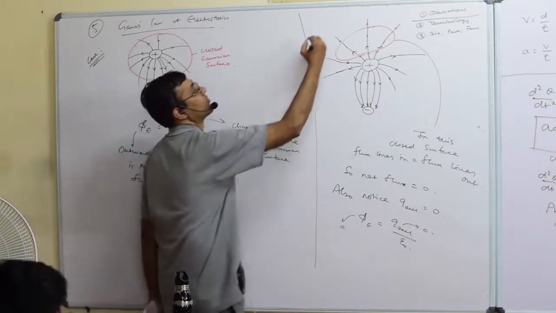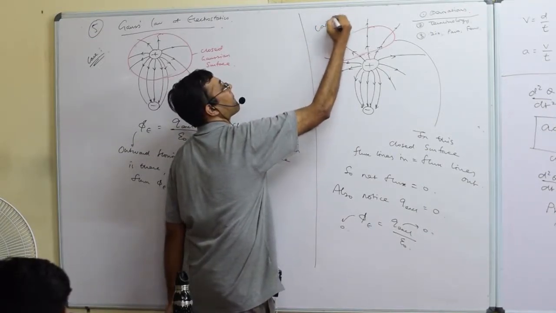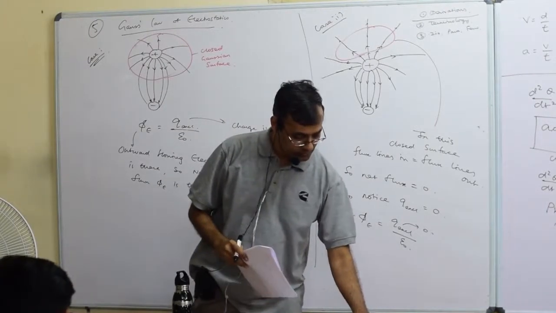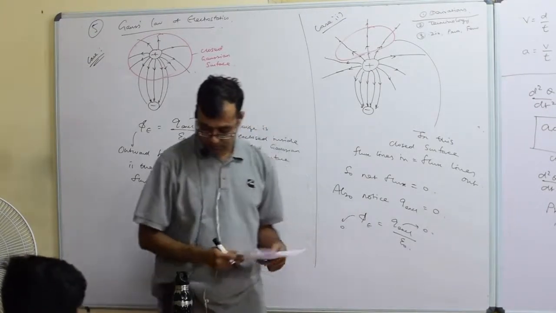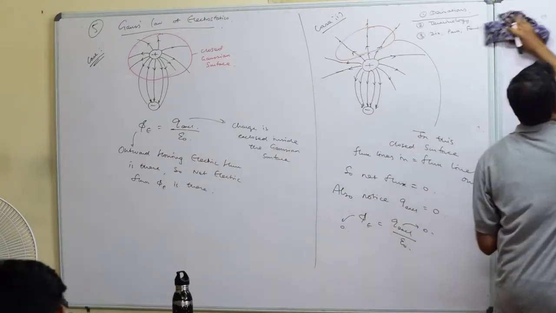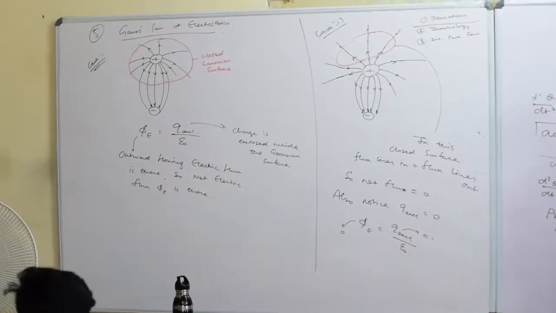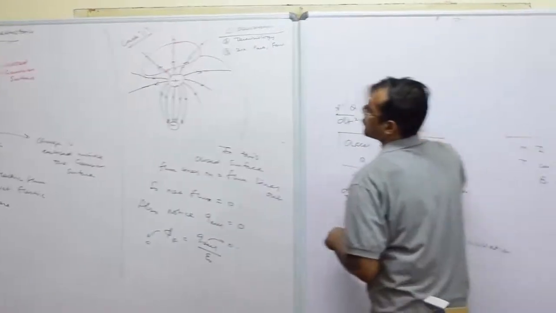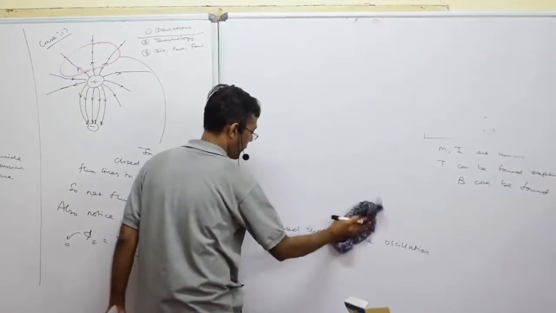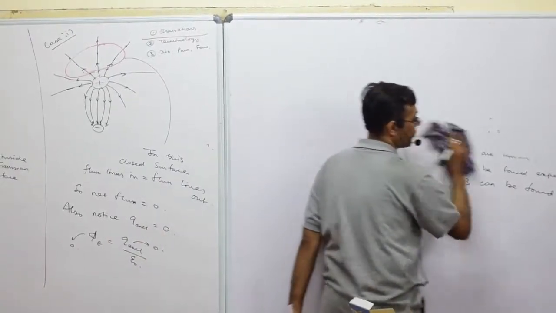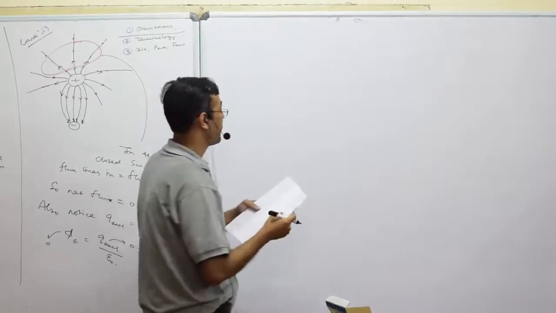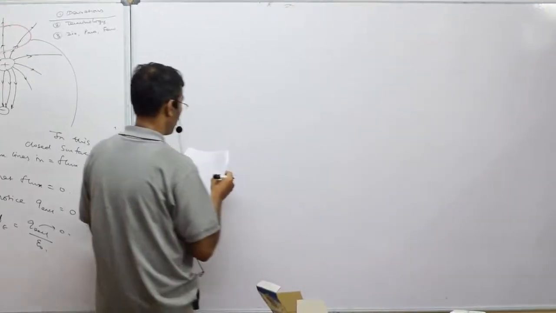So this is case 2. Any doubts here? So in that case, you have a non-zero electric flux and non-zero Q enclosed, whereas in this case, both are 0. So that is for Gauss law for electrostatics.